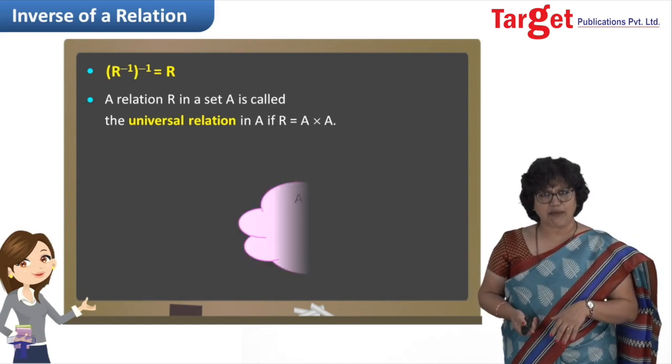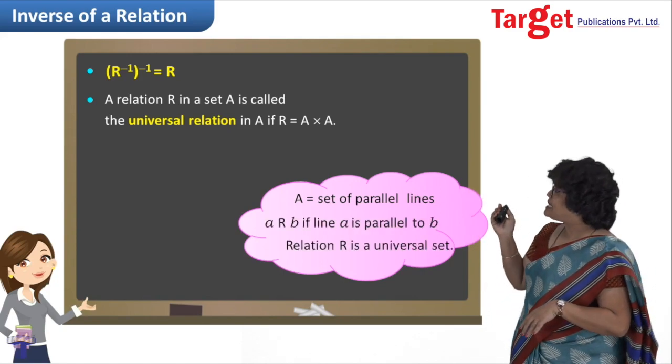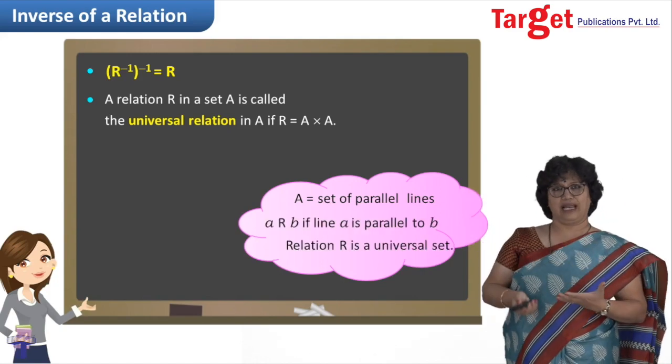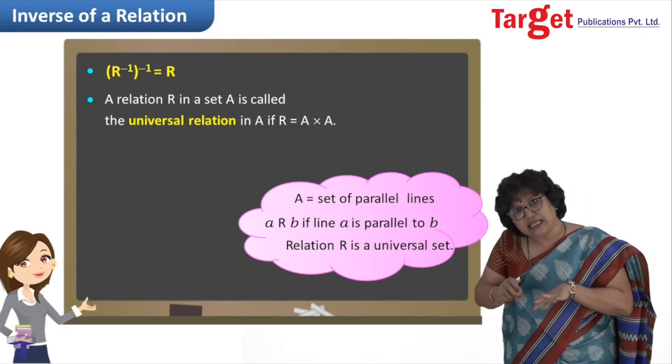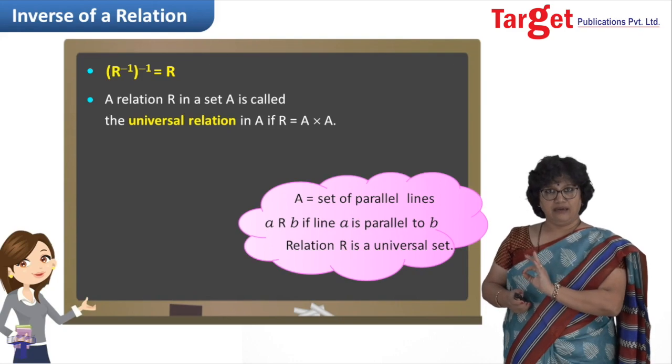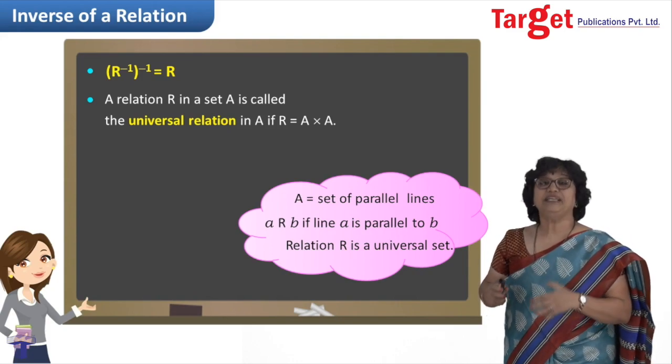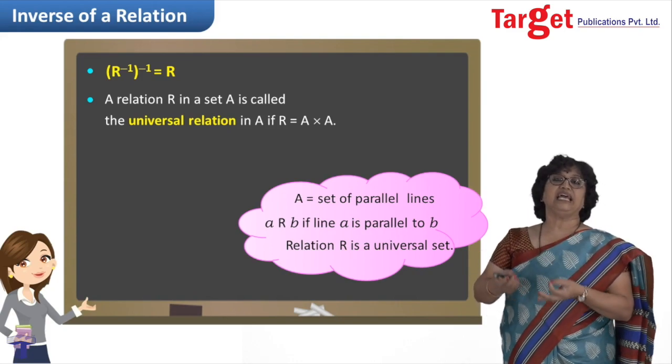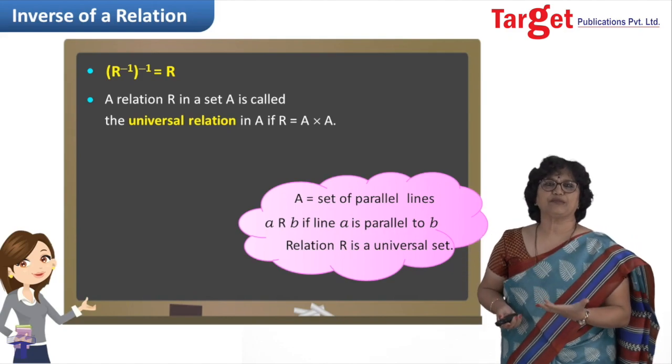Now, let us take one example to make things clearer. I take set A as the set of all parallel lines. I have taken in set A parallel lines only. And I say A is related to B, its meaning is that line A is parallel to line B. Now what are you expecting?